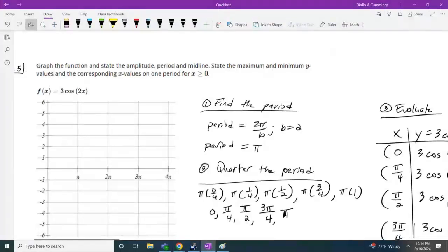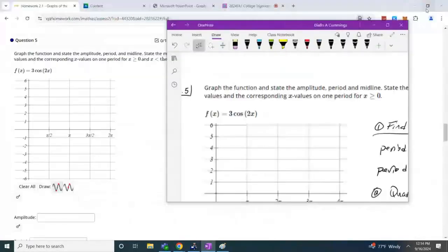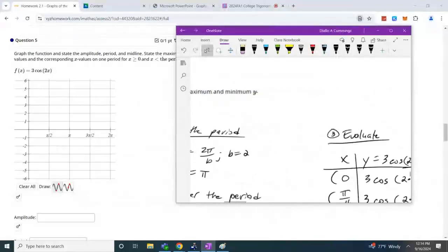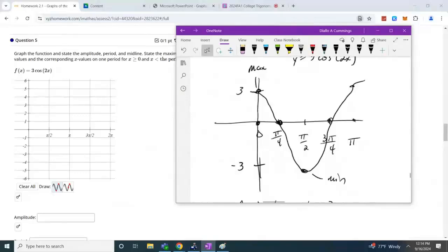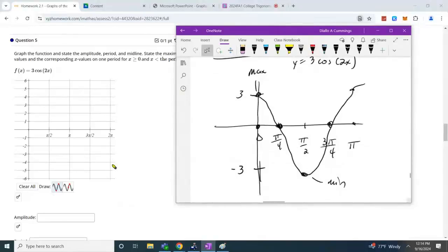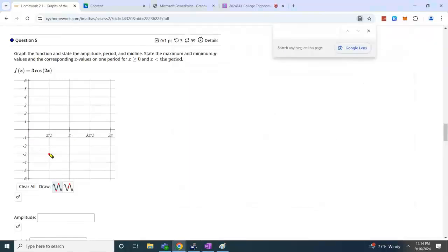So here again, if we look at our graph, notice our graph goes from 0 to pi. So I'm only going to stay within this 0 to pi range. I'm going to plot the minimum point first, which is pi over 2 comma negative 3.